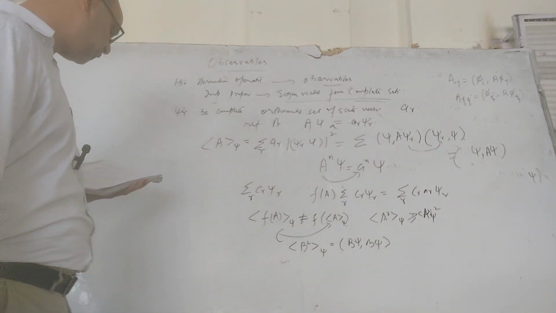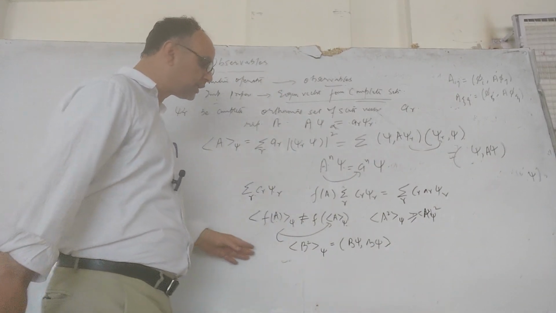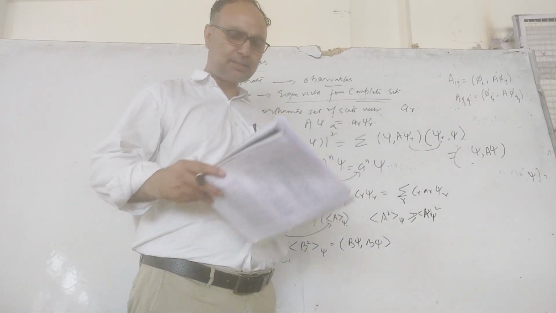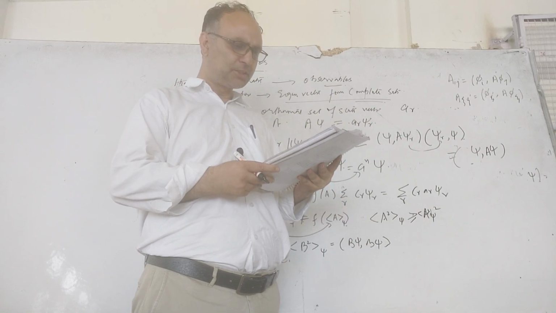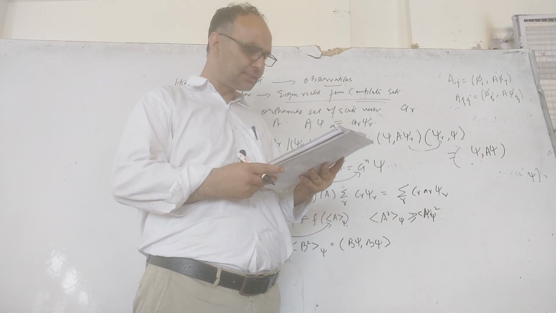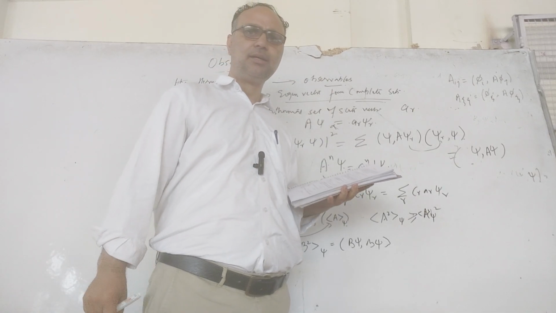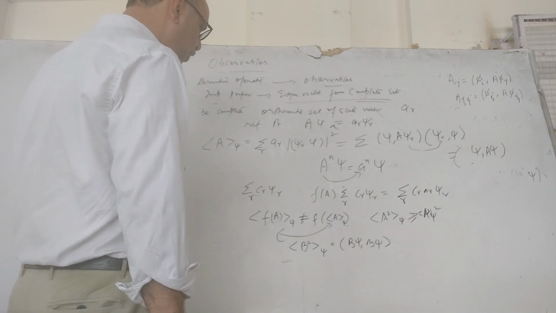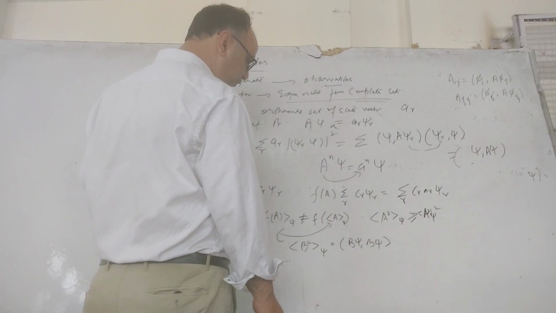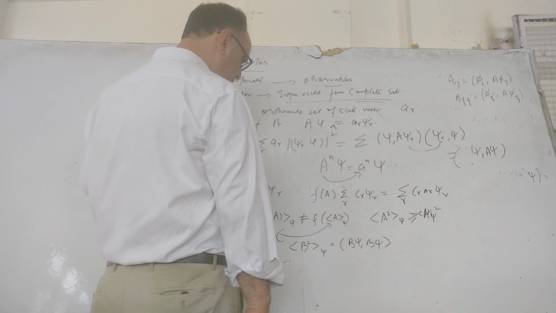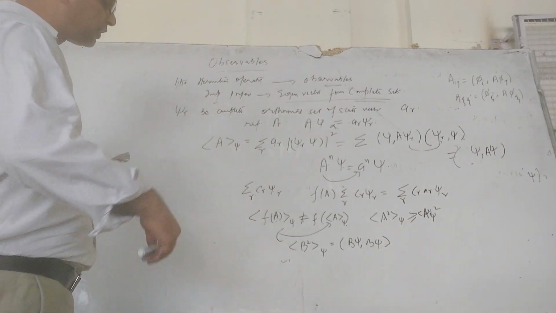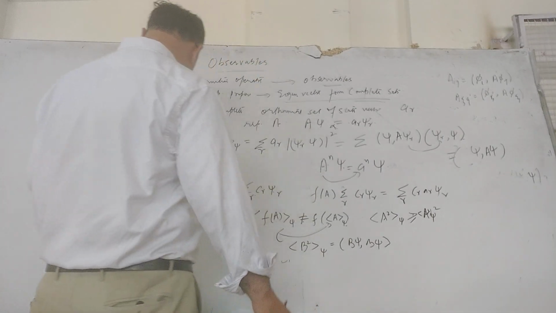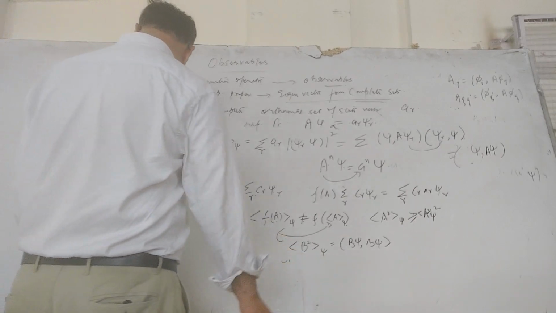We are going to use these identities in the next class, to represent the generalized version of the uncertainty principle, where we are trying to make a ground of these properties: how the expectation value of a function of an operator is not equal to the function of the expectation value.